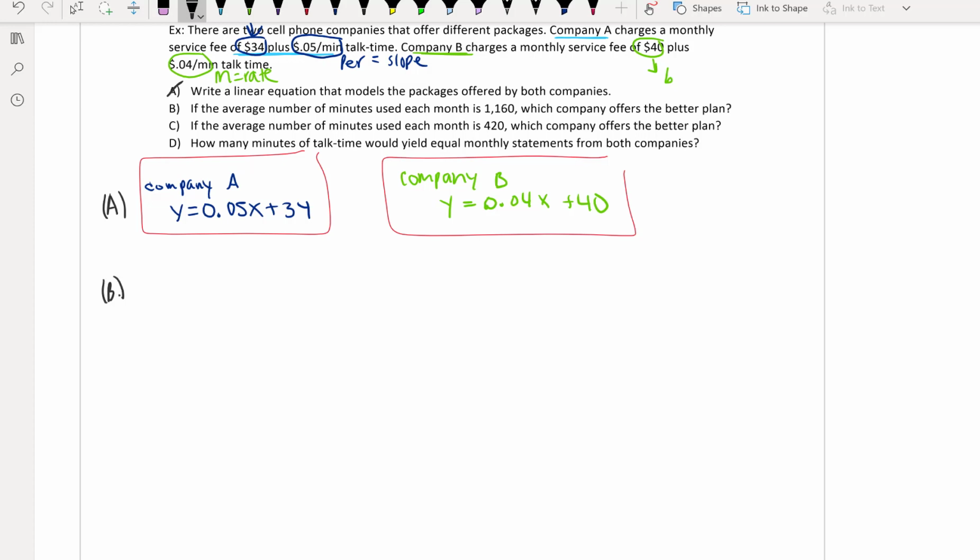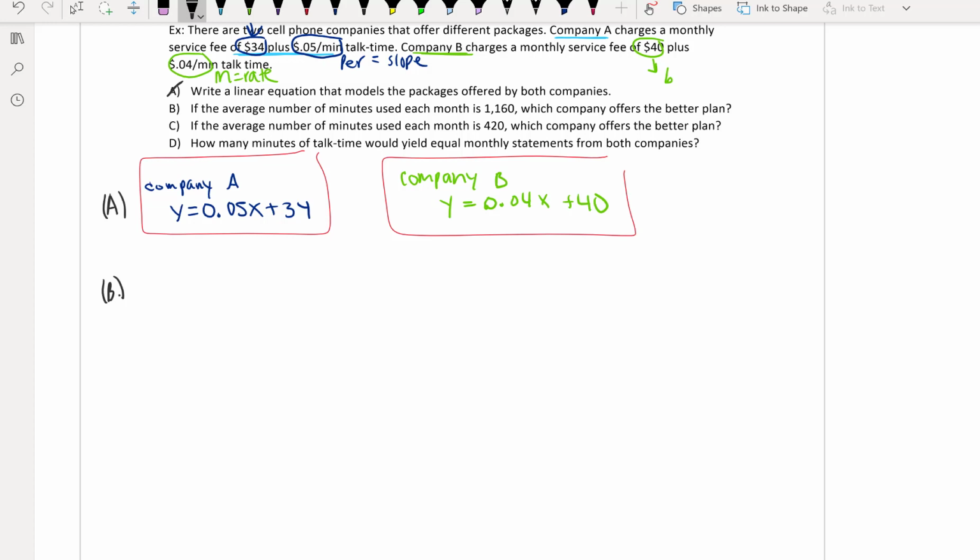So for part B, it says if the average number of minutes used each month is 1,160, which company offers a better plan? So this is giving us an x value. What's going to be the least amount of money? What's going to be cheaper?